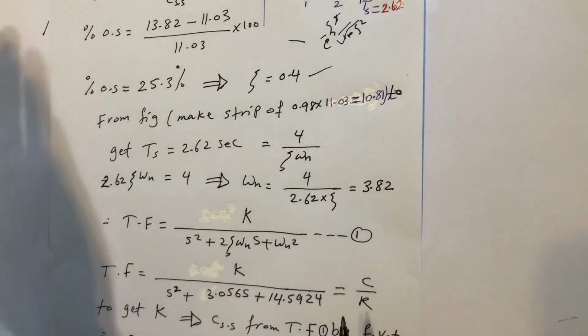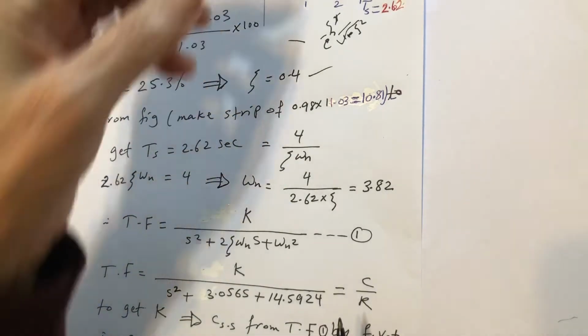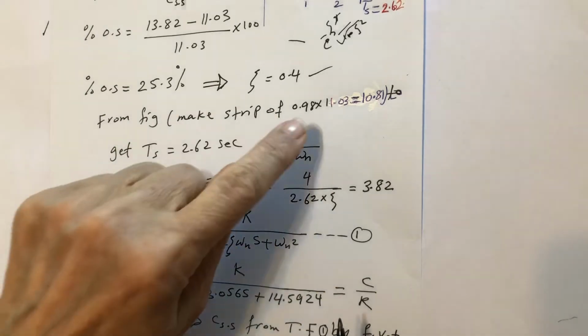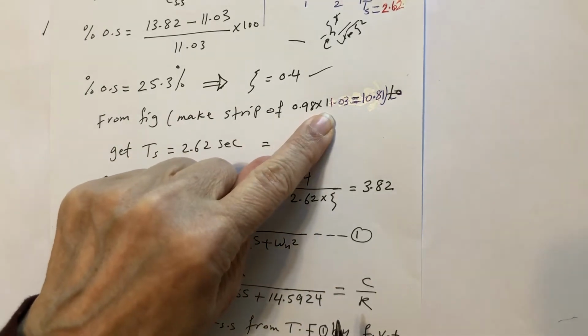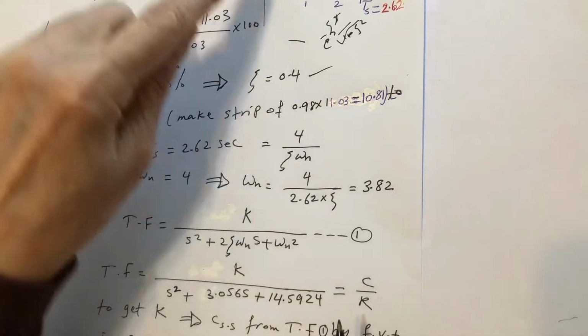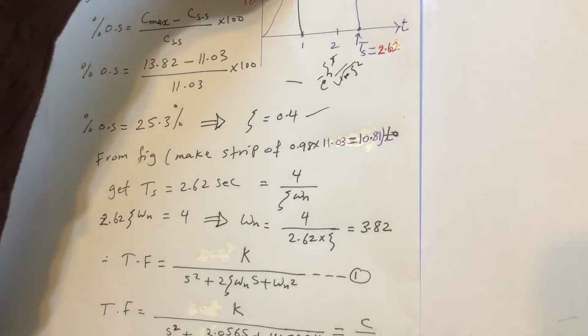If I want you to solve such a question, I have to give you everything, or the scale has to be very clear and very delicate. So 0.98, which we said is the 2% criterion, times 11.03, which is the final value or C steady state value, and I draw this line.